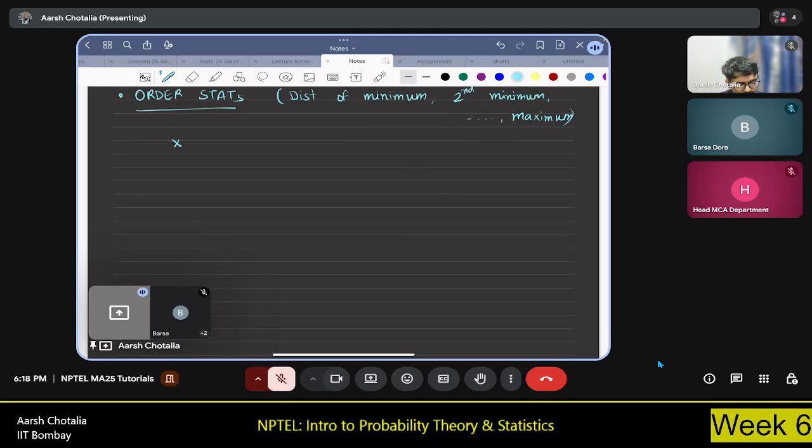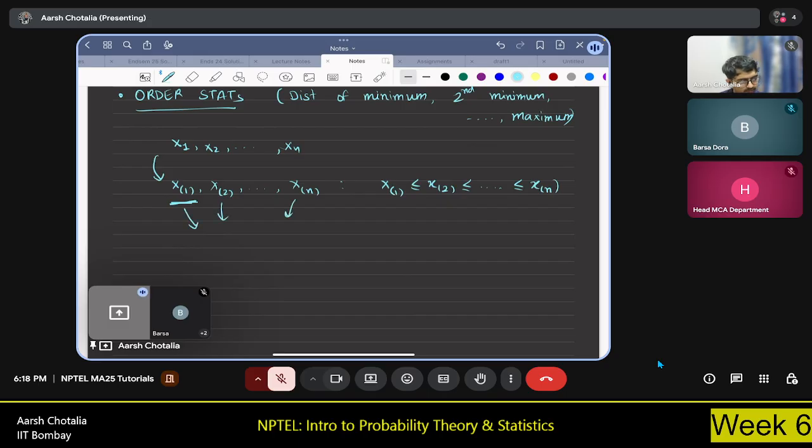So if we have some numbers x1, x2, all the way up to xn, I can rearrange them as x bracket 1, x bracket 2, etc., where this is our minimum value. So x bracket 1 is the least value, followed by x bracket 2, etc. Okay. And now we want to find the distribution of these numbers.